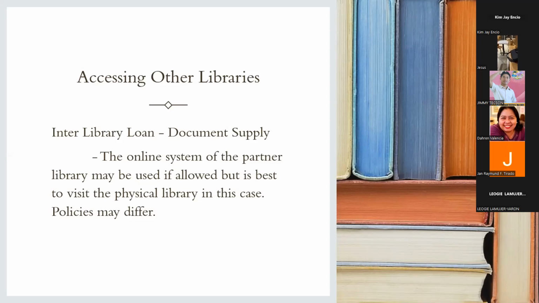Then you have to write a letter. At least that's what I know of. But for KAMSI, actually, if you write a letter, it's either you have a connection or they do allow you, as long as you have a letter, to read through the research papers.